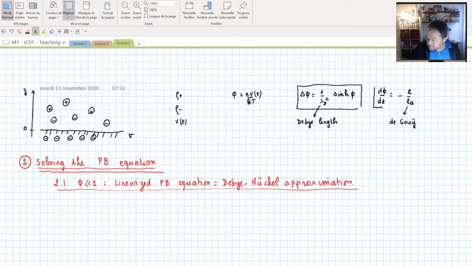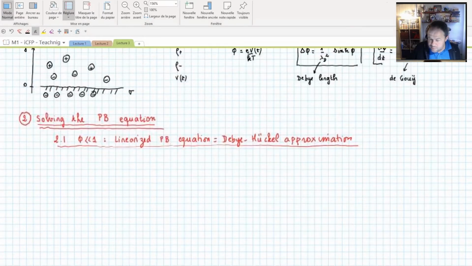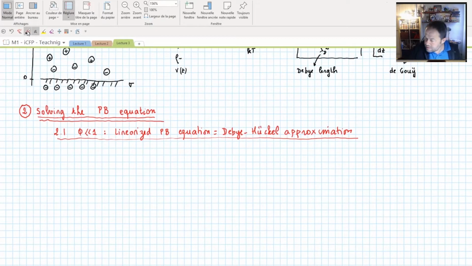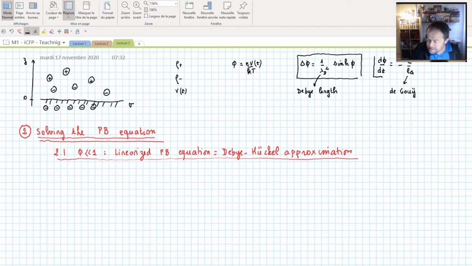If we do so, equation 1 simply becomes the Laplacian of phi is equal to 1 over lambda_D squared times phi, a very simple equation that we can solve.